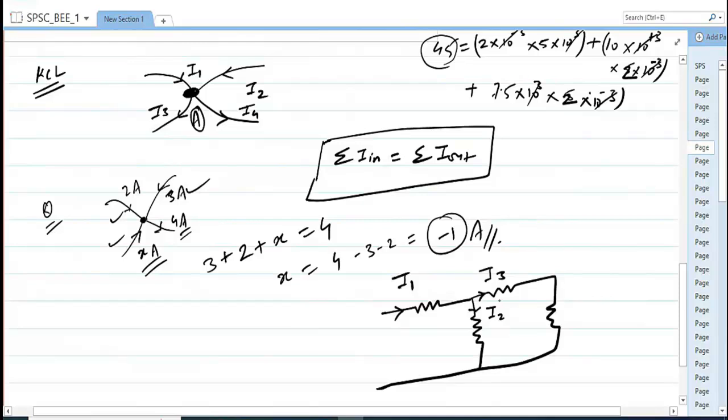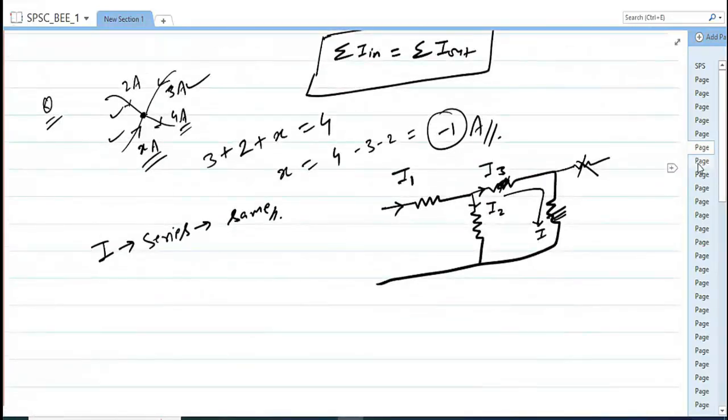The same I3 will flow through this resistor also, because these resistors are connected in series. No further path is distributed from here. So the current in a series circuit is the same. These are the fundamentals, I think you know.